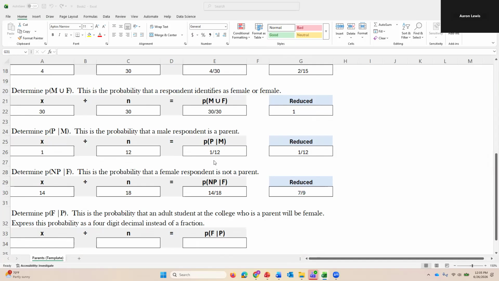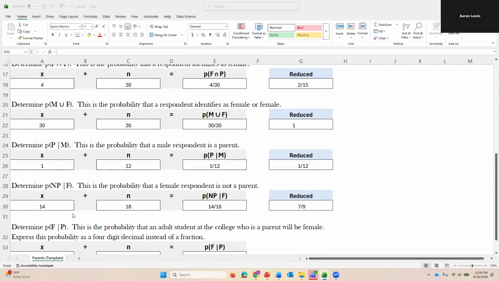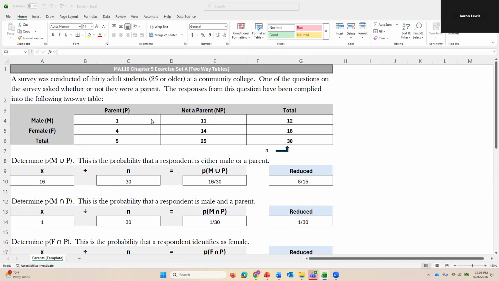So let's do another given down here. In this case, the probability of a student being female, given that they are a parent, but instead of expressing it in fractional form, I'm going to express it as decimal form. So what are we given here? We're given the probability of female given that they are a parent. So all I care about is the row or column of what is given. And what is given is that they're a parent, so all I care about are those three numbers right there.